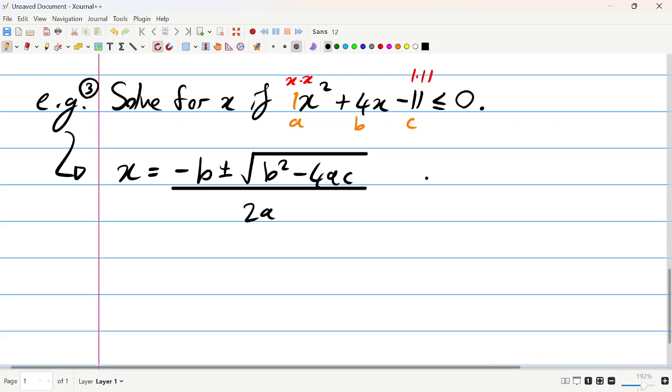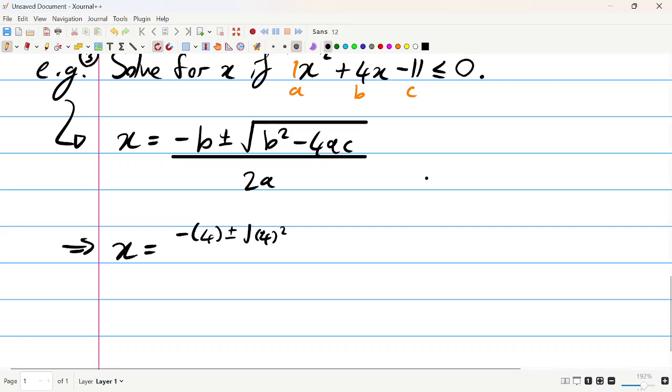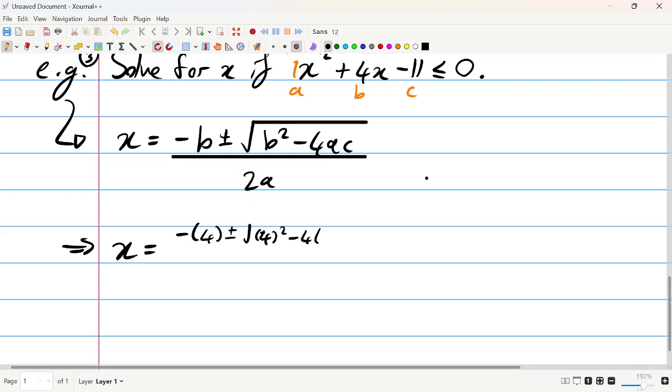So therefore, what we are going to say over here is we're going to plug the values in. So x is equal to negative into our b value, which is 4, plus minus the square root of 4 squared, minus 4 into a times c, which is going to be 1 multiplied by negative 11. And then this is all divided by 2a, which is 2 multiplied by 1.